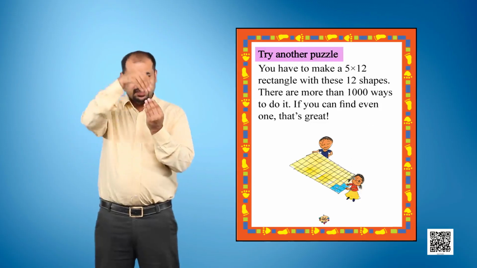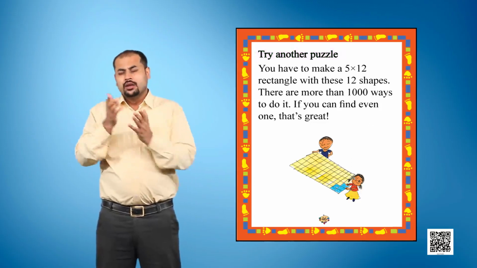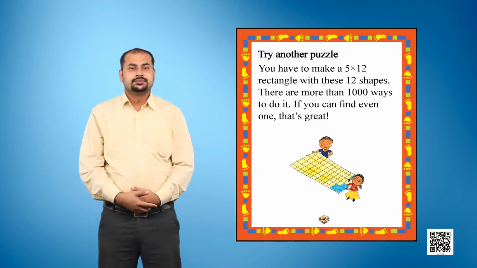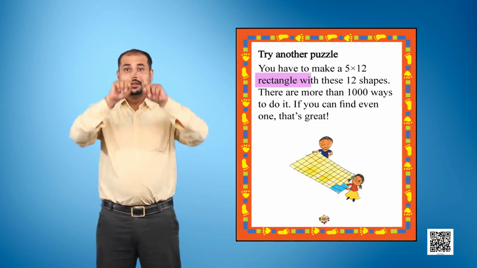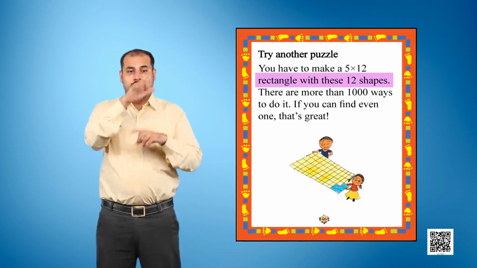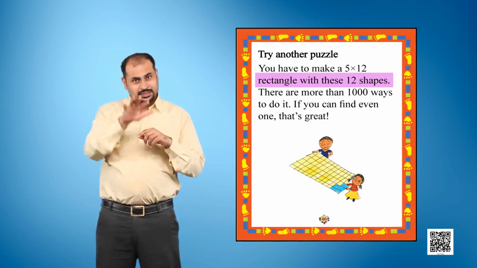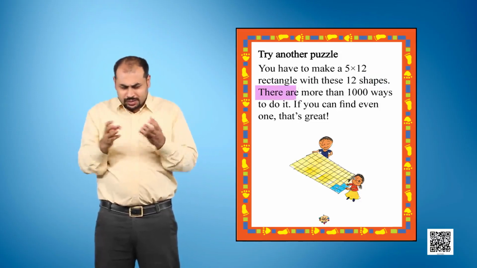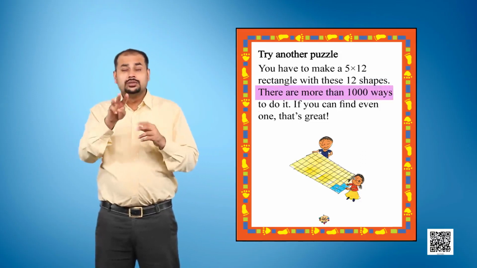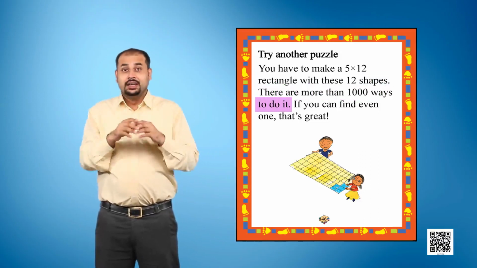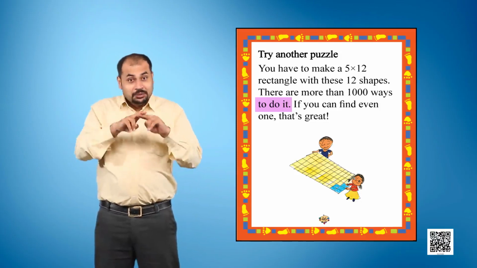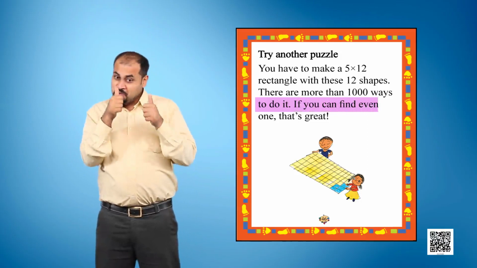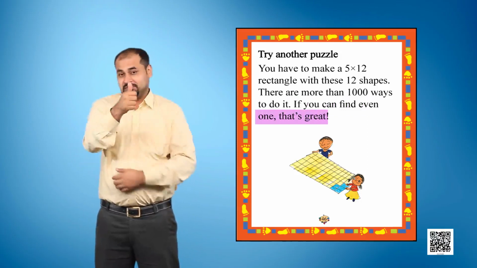Try another puzzle. You have to make a 5 by 12 rectangle with these 12 shapes. There are more than 1,000 ways to do it. If you can find even one, that's great.